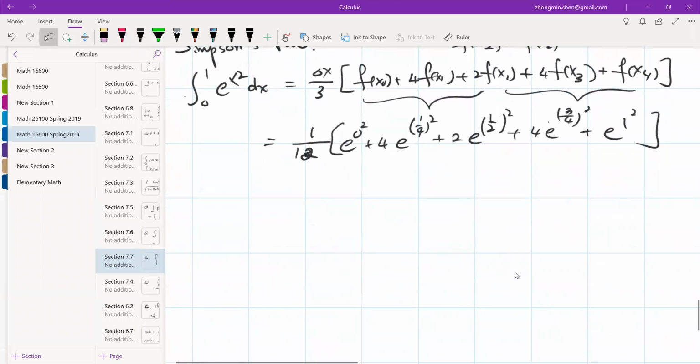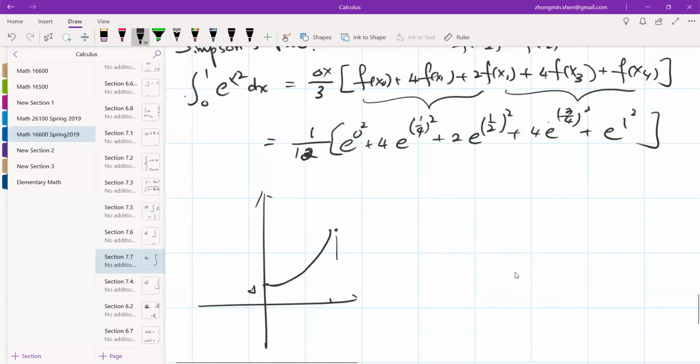Let's understand the picture again. For the middle point, let's look at the picture. y equals e to the x. When x equals 0 to 1, when x equals 1, e to the x is e, somewhere here. It's going this direction.